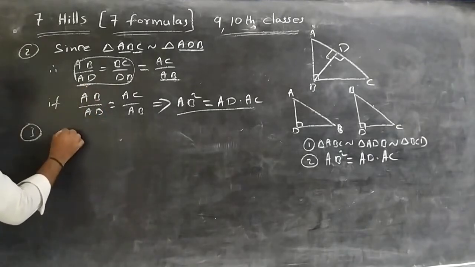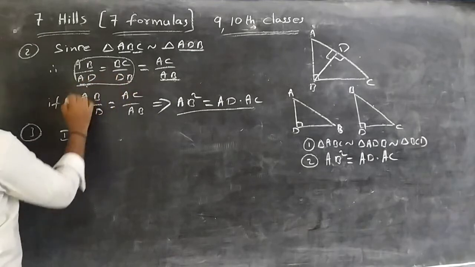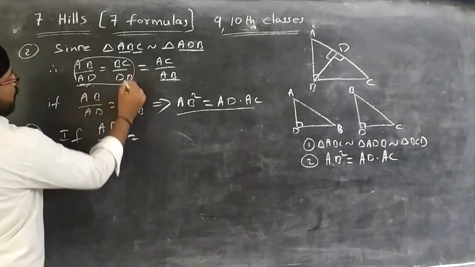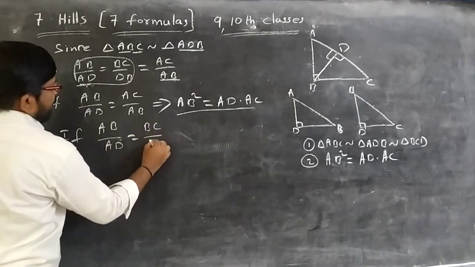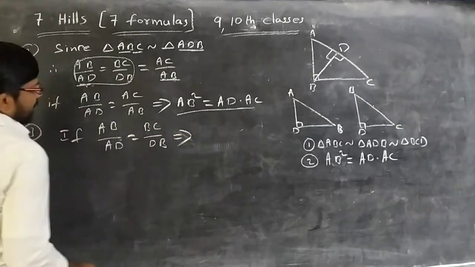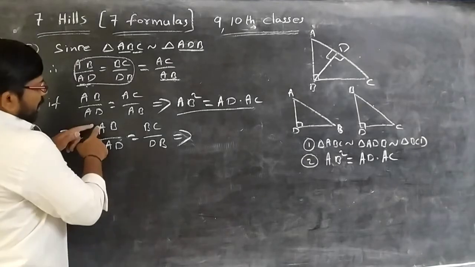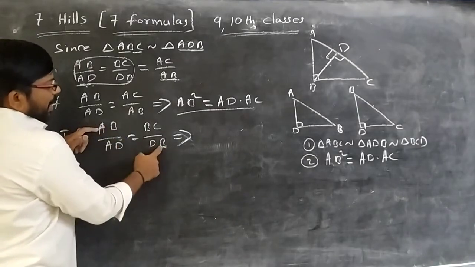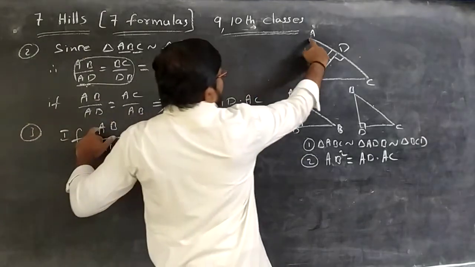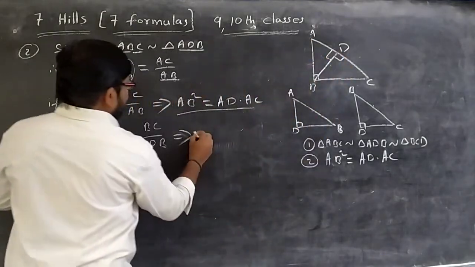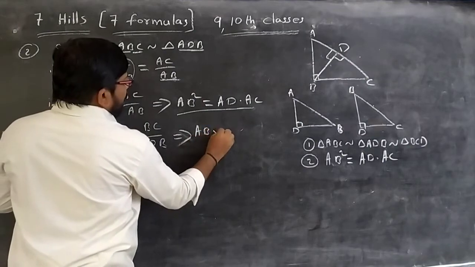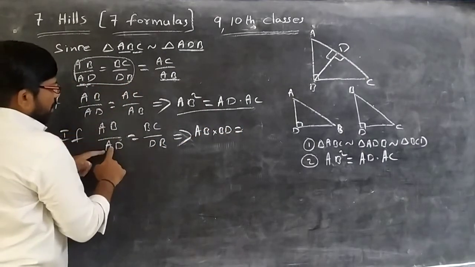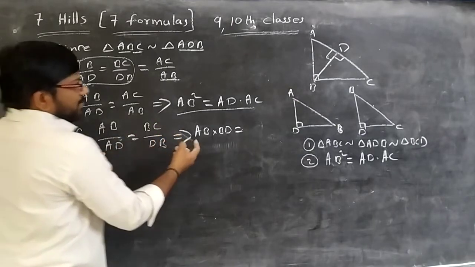So by taking these two, AB by AD is equal to BC by DB. That implies, now cross multiply: AB into BD is equal to AD into BC.